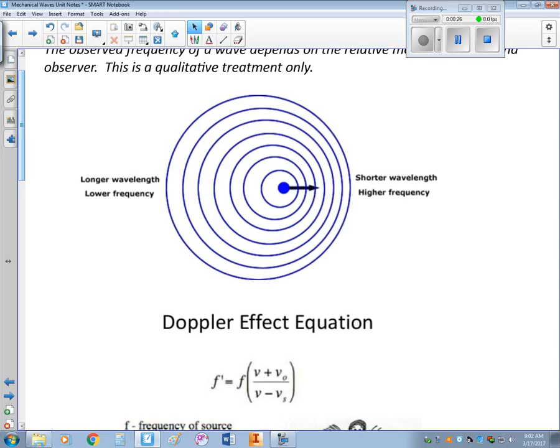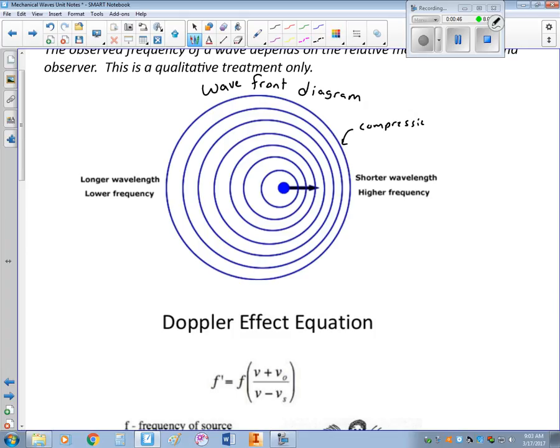Okay, so first off, let me show you something called a wave front diagram. In the wave front diagram, these lines represent the compressions, and the space between the lines represents the rarefaction.